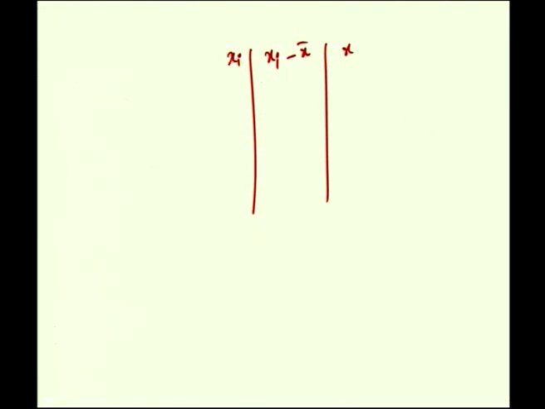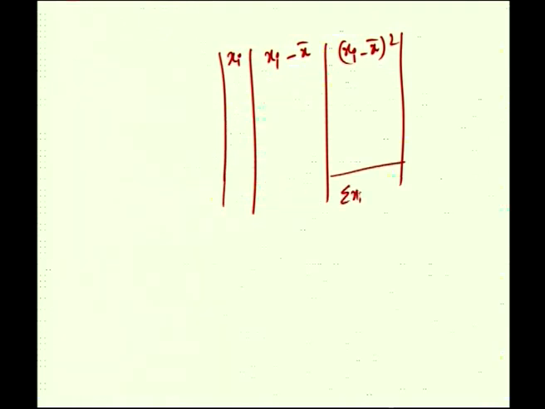The summation of xi minus x bar will give you 0, and due to approximation it may be nearly equal to 0 also.